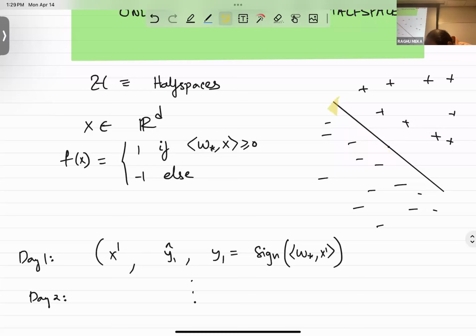So let me draw a picture. We're going to quantify this in a second, but let's assume that not only do we have the separation, but the separation has some buffer. Meaning the cats and dogs are separated in this high dimensional feature space in a nice way. They're not very, very close.